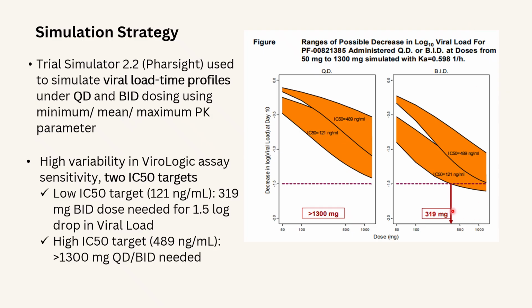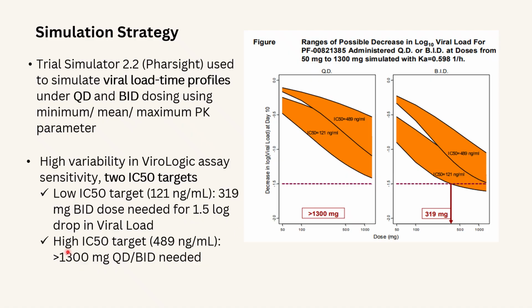So for the low IC50 value of 121 nanogram per mL, a 319 milligram BID dose was necessary to achieve a 1.5 log drop in viral load.